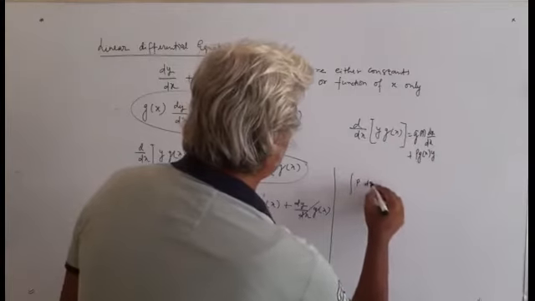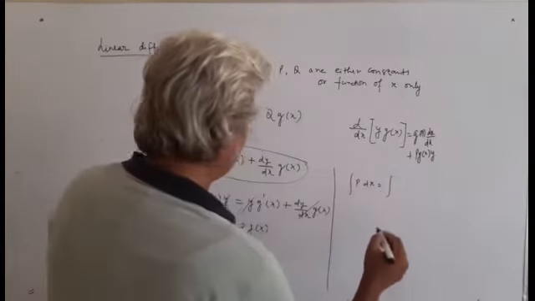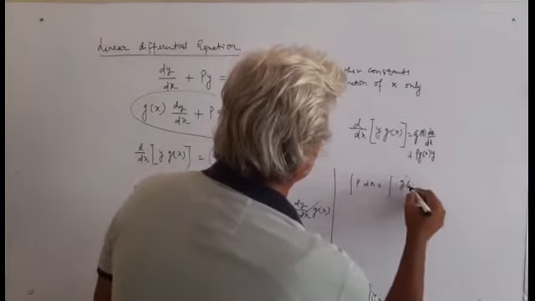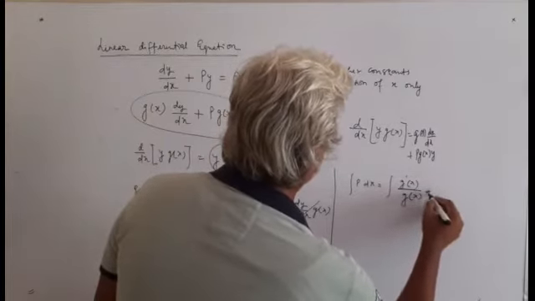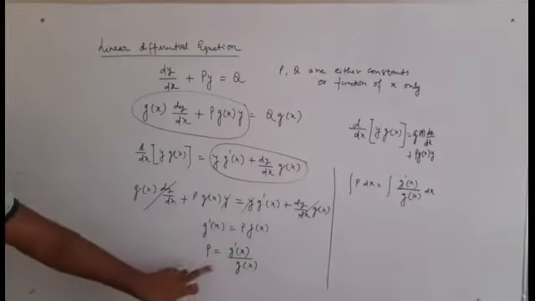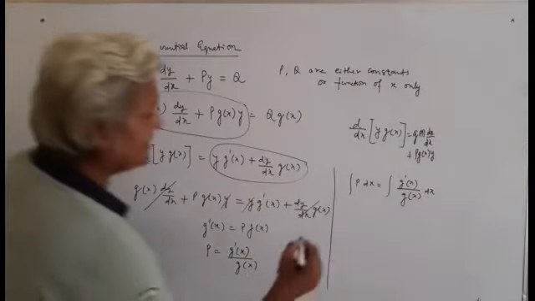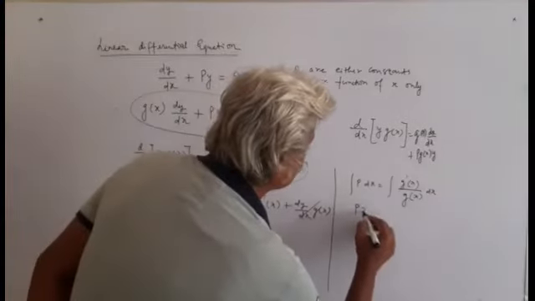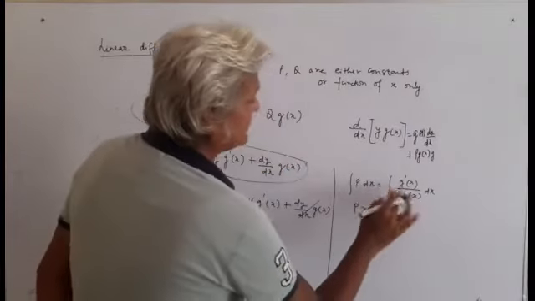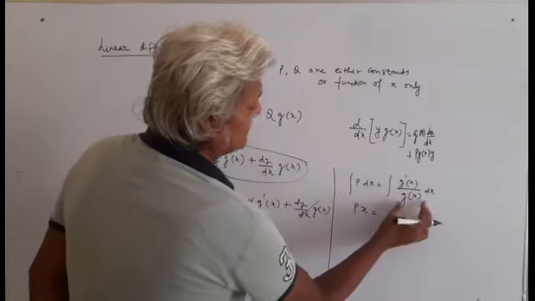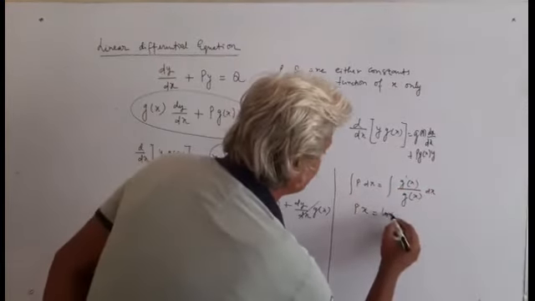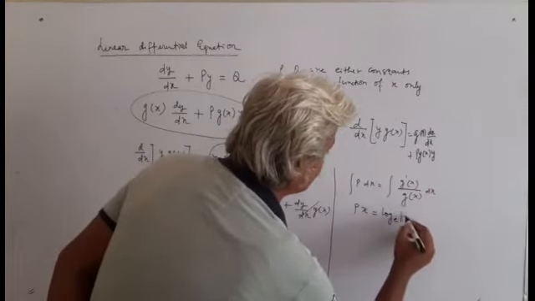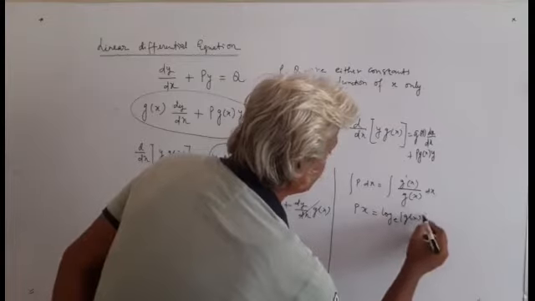Integration of P dx is integration of g'(x) over g(x) dx. If g(x) is the function, g'(x) is its differentiation. This one will give you log to the base e of g(x).